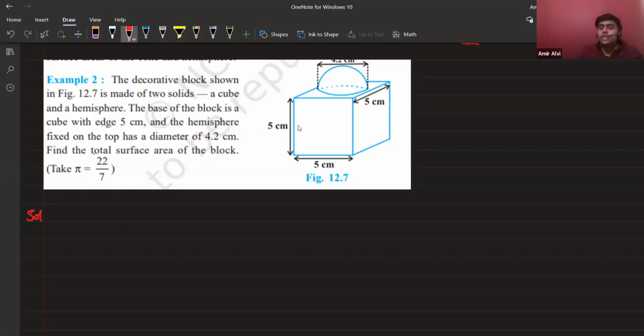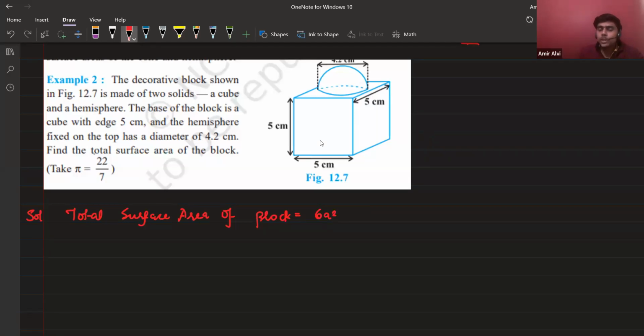Okay, let's take the first thing. It is a cube, so I will take the whole surface area. Total surface area of a cube is 6a square.